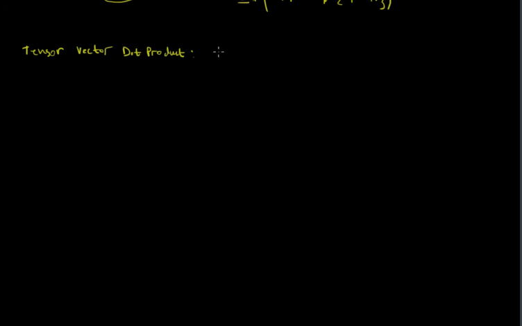So you can either have the tensor first dotted with the vector, or you can have the vector first dotted with the tensor. And when you're in matrix land, things don't commute. So that means to say that tau dot v is not the same thing as v dot tau. So order matters is another way of saying that things don't commute.